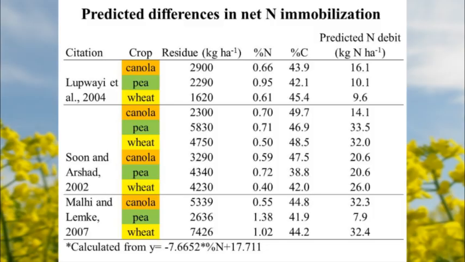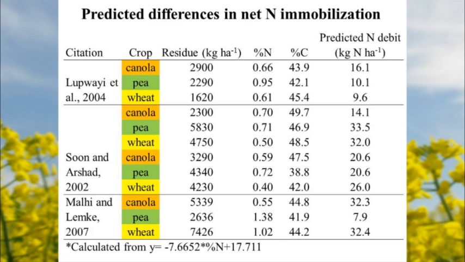But in the next set it was actually pea, and then in the final sets it was wheat, and then wheat again. This explains why in some studies canola behaves more like pea, or more like wheat. It has to do with that relative effect.